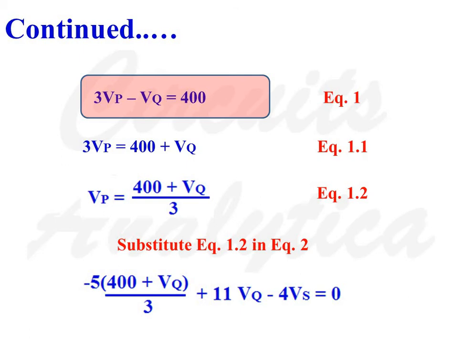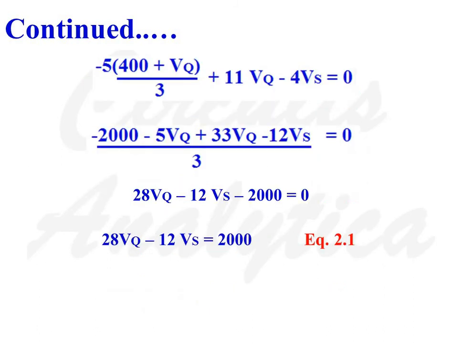We will get minus 5 into (400 plus Vq) divided by 3 plus 11Vq minus 4Vs is equal to 0. So (minus 2000 minus 5Vq plus 33Vq minus 12Vs) divided by 3 is equal to 0. 28Vq minus 12Vs minus 2000 is equal to 0. 28Vq minus 12Vs is equal to 2000, equation 2.1.